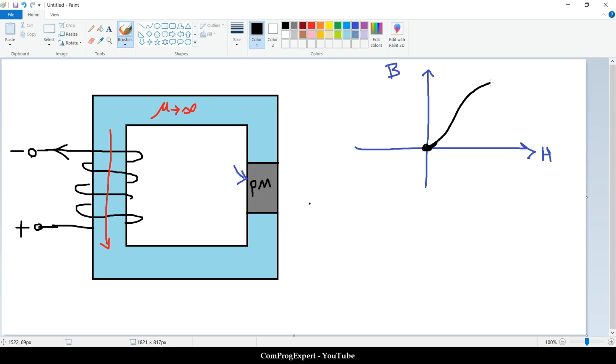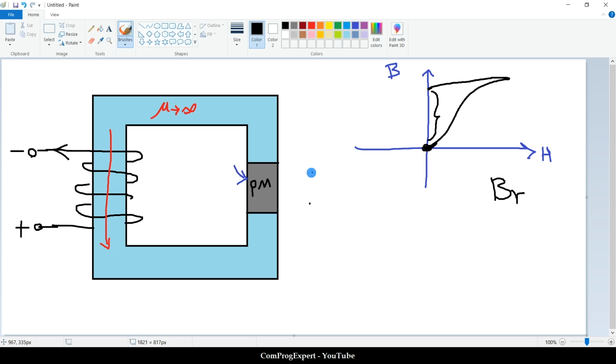For example, up to this point. And when we reduce the amount of the current and consequently reduce the amount of H, this will be the return path. So if we set the value of the current equal to 0, we will have this remanent flux. It is called BR, right? Remanence flux.